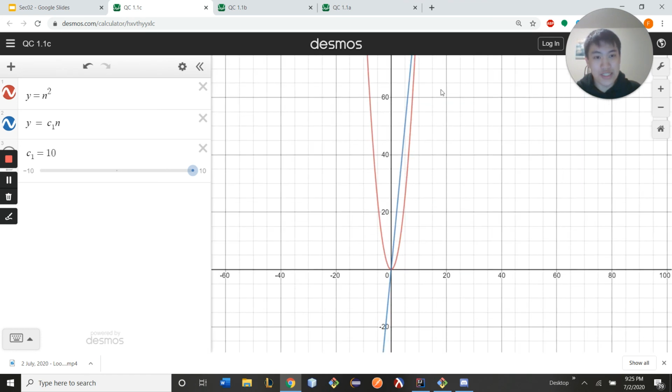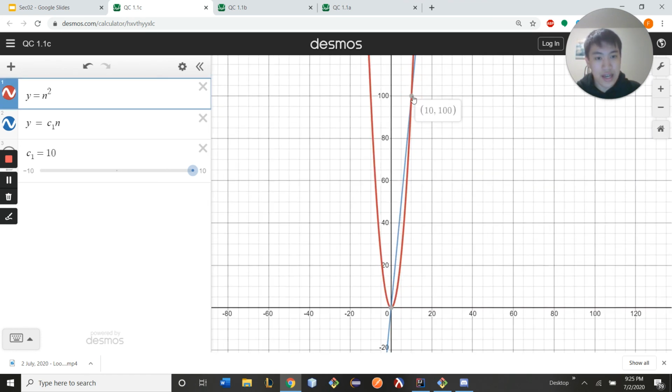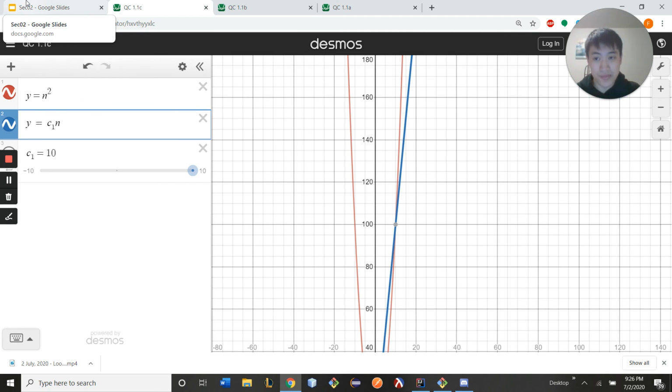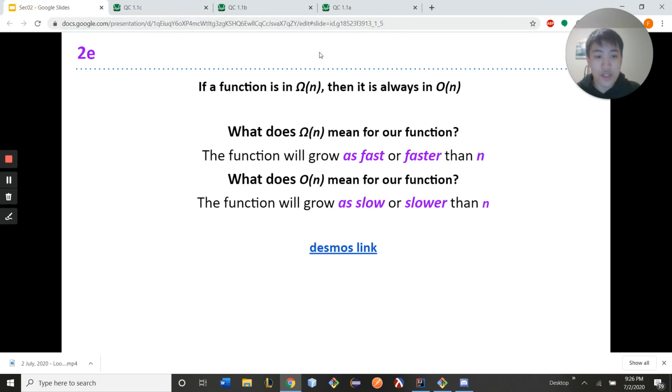For example, if I set c equals n over here, you'll see that after this point, the red function becomes an upper bound to the lower function. And it doesn't matter how big your c becomes, it's simply not possible. This means that our function n squared is not in big O of n, which means we found a function n squared that is in big omega of n, but not in big O of n, which means that this statement is false.